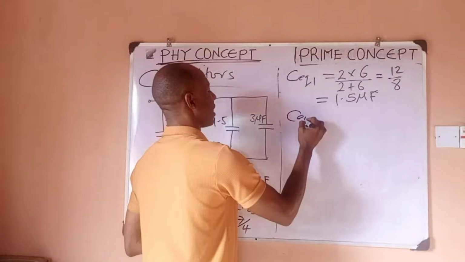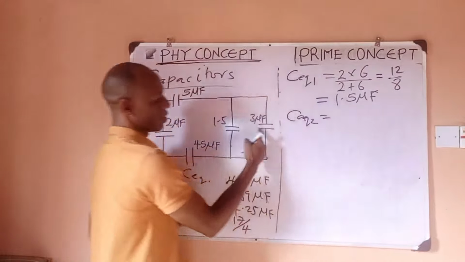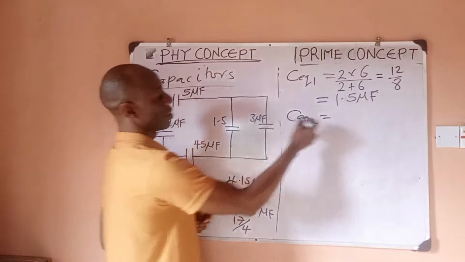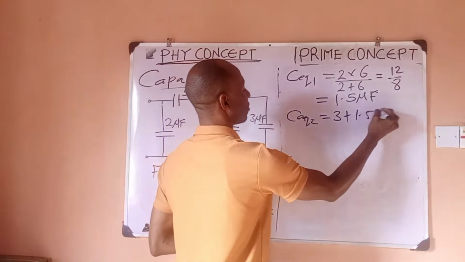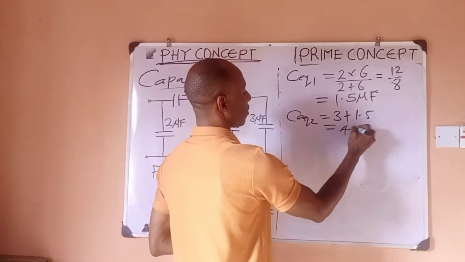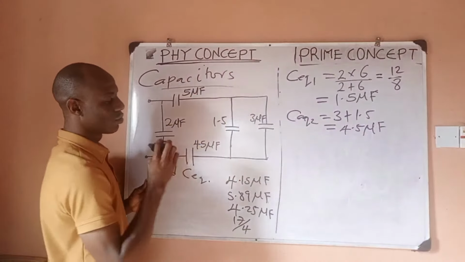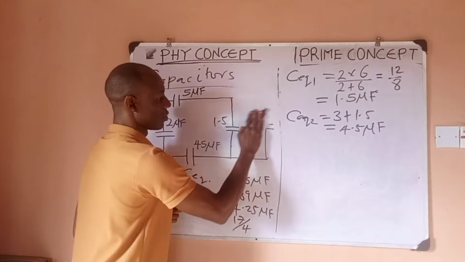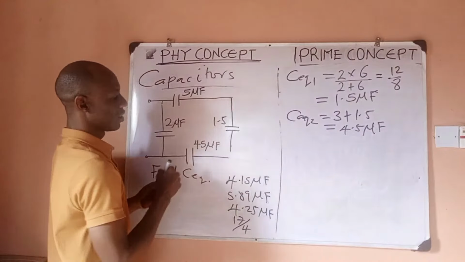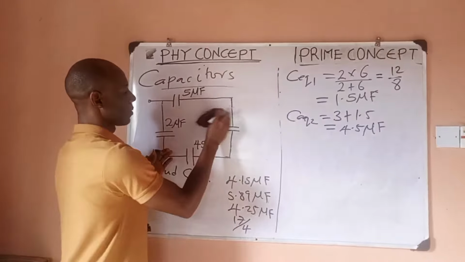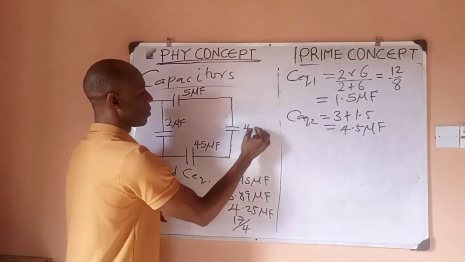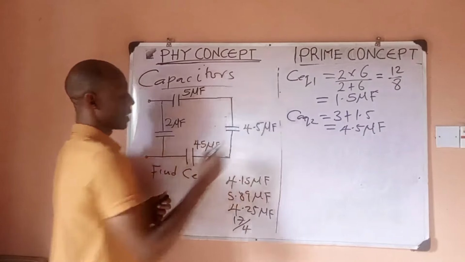So my equivalent 2 for these two is going to be direct addition, which is 3 plus 1.5, which would give me 4.5 microfarad.